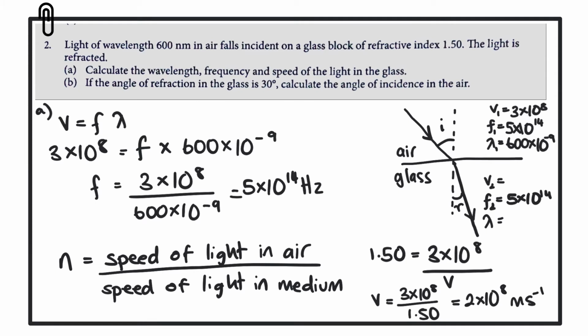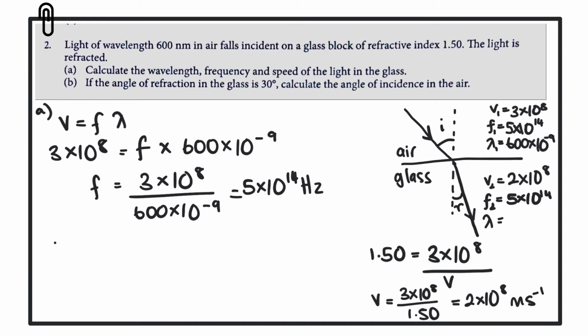So now that we know the velocity in glass, we have 2 by 10 to the power of 8, then the only thing remaining is to work out the wavelength, and we can use V equals F lambda. So V is equal to F lambda, where the velocity is 2 by 10 to the power of 8. That's equal to the frequency, which is 5 by 10 to the power of 14 multiplied by lambda.